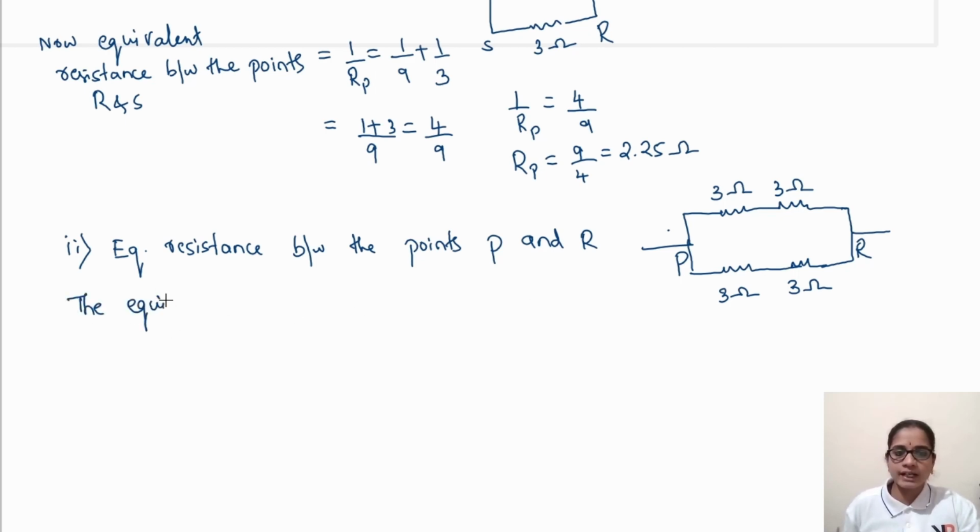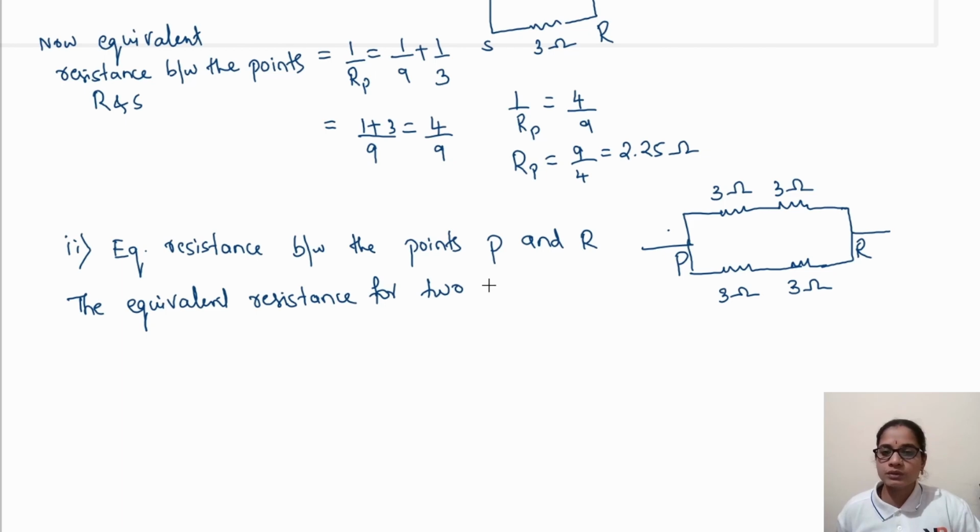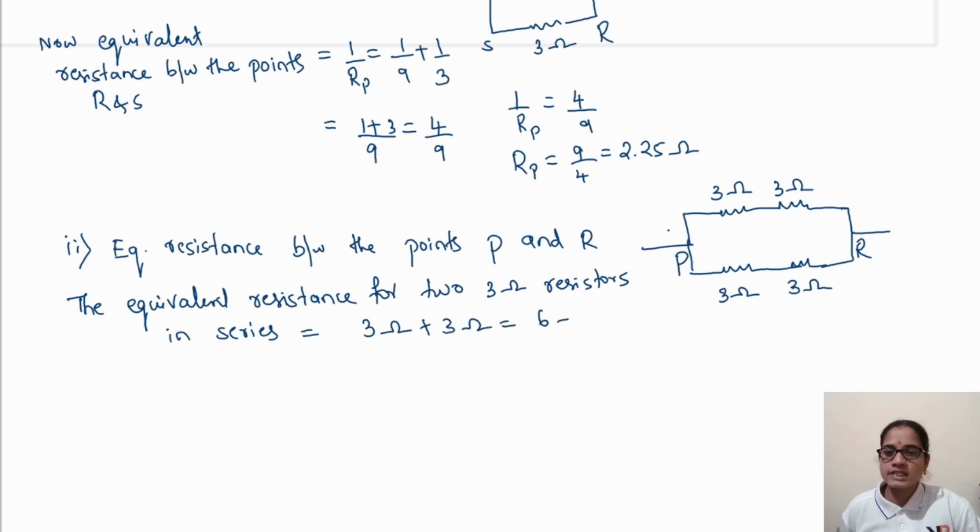The equivalent resistance of two 3 ohm resistors in series is equal to 3 ohm plus 3 ohm is equal to 6 ohm. These two are connected in series and these two are connected in series.